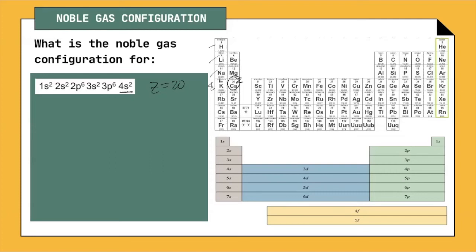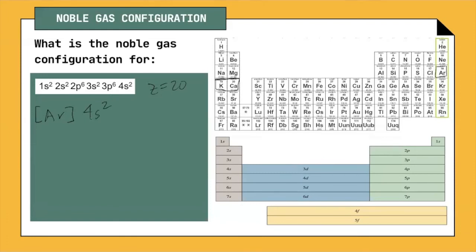Calcium atom. So the preceding noble gas for calcium would be argon, right? So for us to write this, we just have to write argon or its chemical symbol Ar, then just write the remaining electrons. So that would be 4s2.